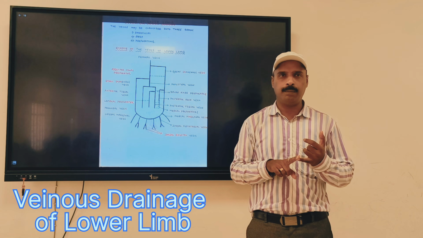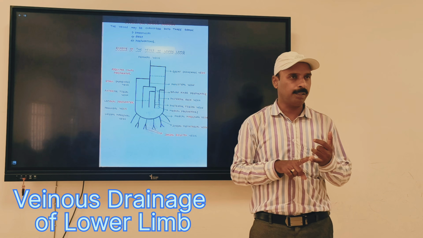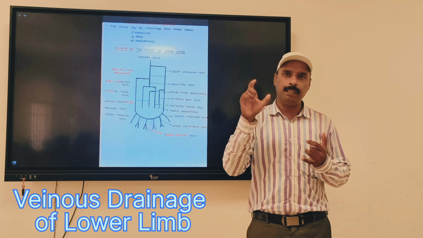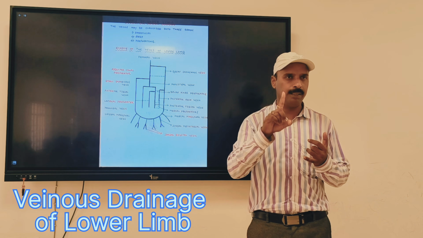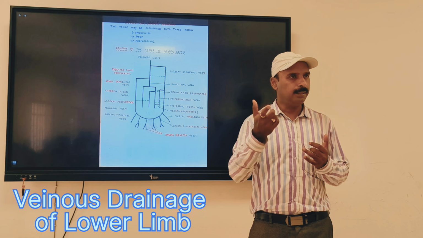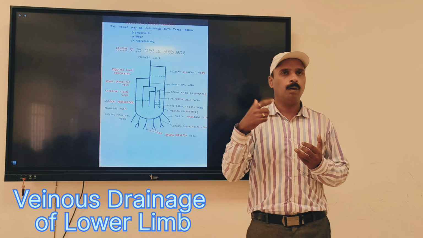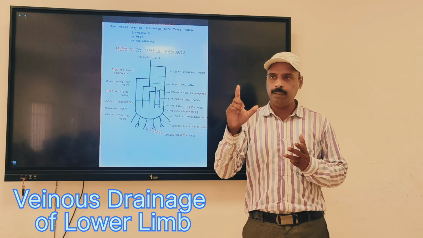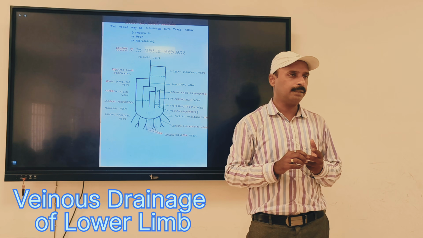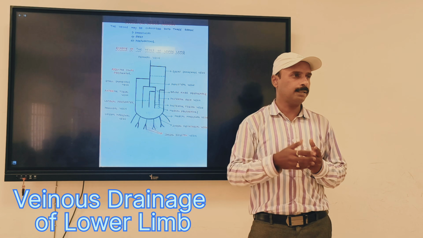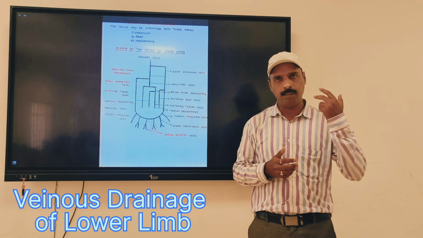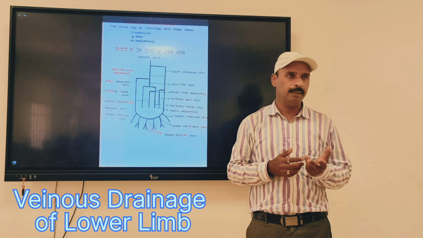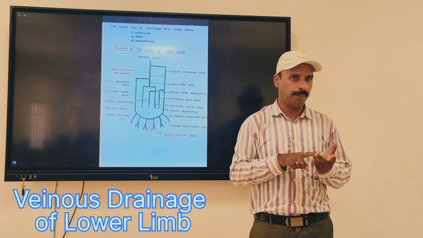Lower limb venous drainage is important because it has to work against gravity, as it is a low venous pressure. Then how these lower limb veins are superficial, deep and perforating. Third, what are the factors helping to return the venous blood to the thorax or the heart, the general factor and local factor.